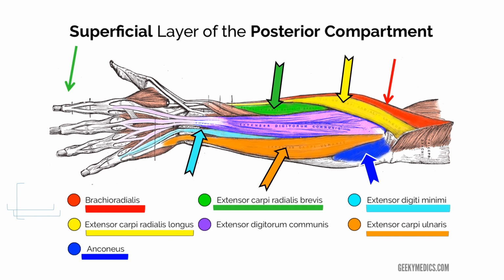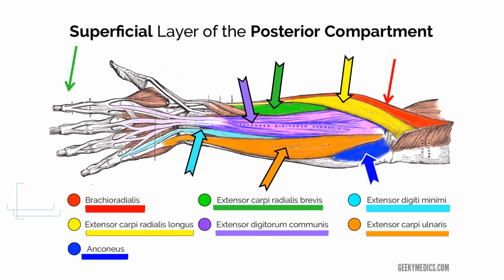It is an extensor of the little finger, and it is not attached to the carpal bones. Otherwise it would have a name of carpi. So it is attached to the base of the little finger. Next is this pink muscle, and this is extensor digitorum communis.